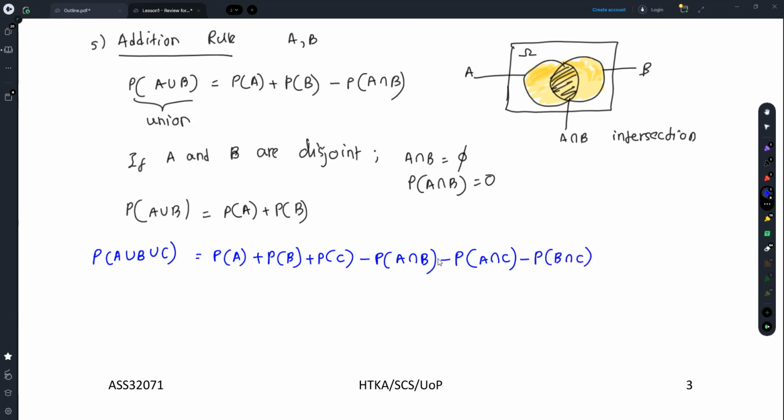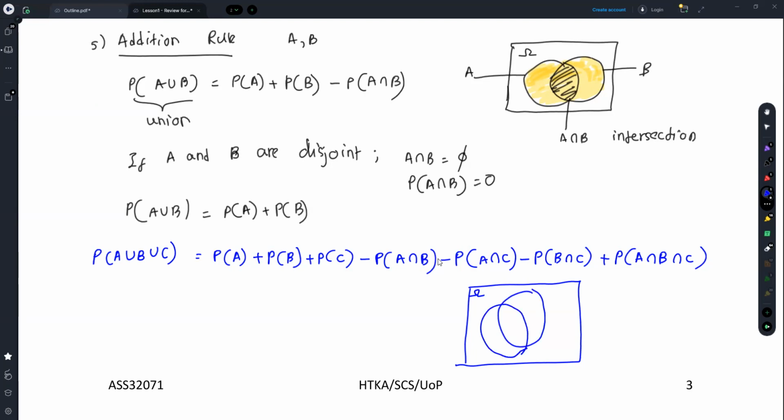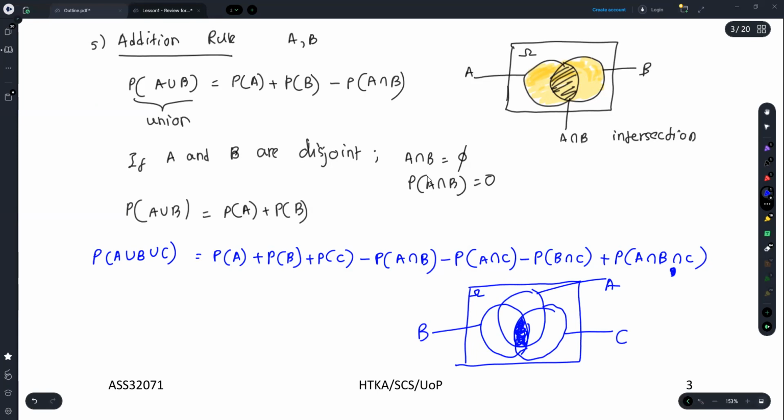And when you do that, the area where all 3 overlap will be gone, so you have to add it back. So this is where you have a Venn diagram like this. Here's the area where all 3 overlap, this one. Okay, so that is how you use the addition rule.